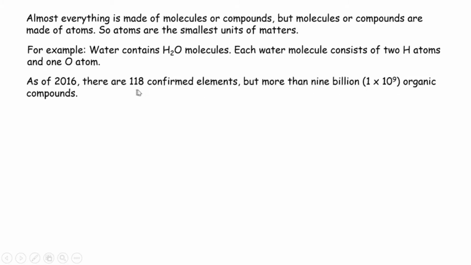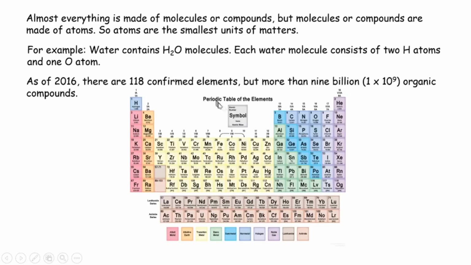Just 118 types of atoms can form 9 billion organic compounds. That's the difference between molecules and atoms. Starting from the first one, hydrogen, all the way to 118, everything in this universe is made of those 118 elements.